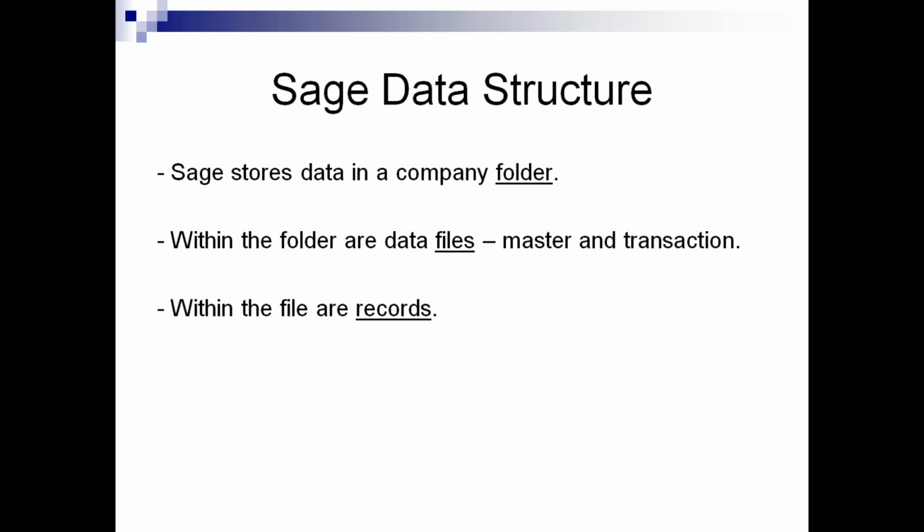And then your master file is where all the static information comes from. Things like vendor ID, vendor name, address, phone numbers, employee names, filing statuses. Those are considered static information, as well as fields for accumulated totals, like job-to-date cost, job-to-date estimate, job-to-date dollars paid.